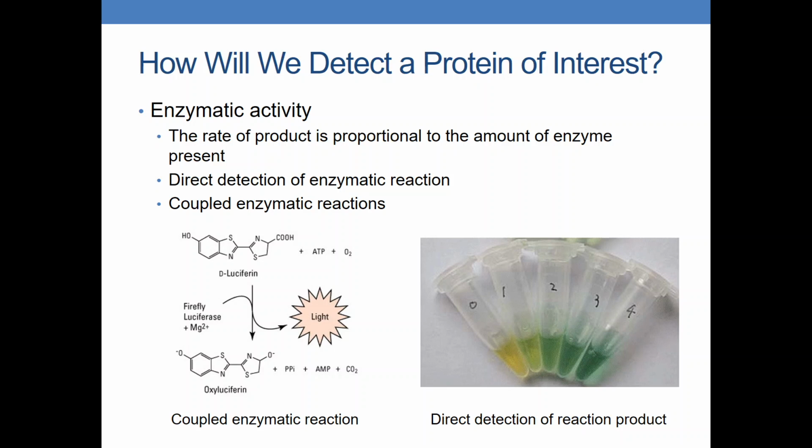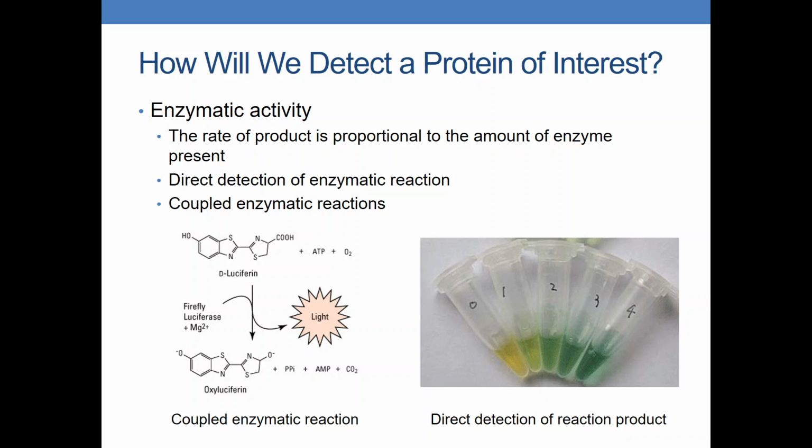So here you have two different paths that sort of give you the same information. You can quantify how much ATP is present in solution based on the enzymatic activity of a secondary enzyme, hence the coupled enzymatic reaction, or you can just directly detect product via reaction with something else, like a metal complex. These may seem like the same thing, and I can see how that would come across.